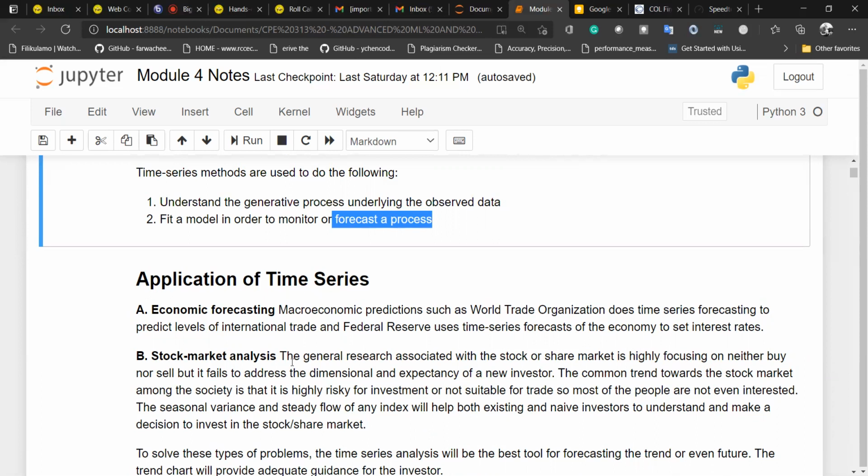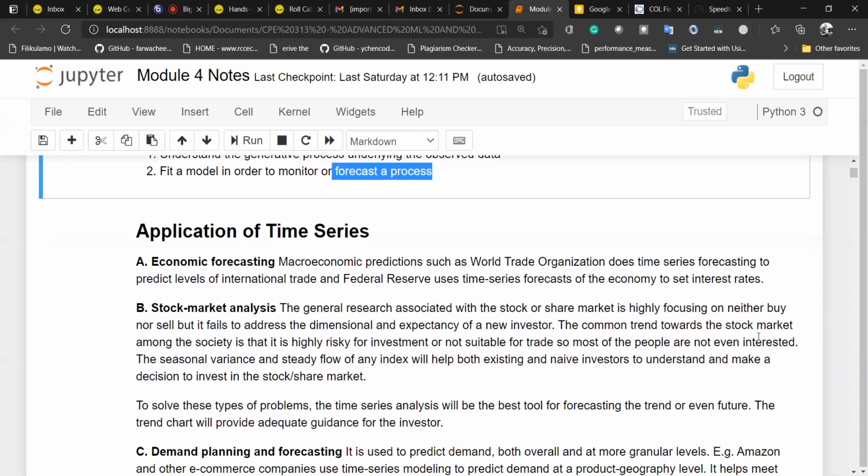In stock market analysis, time series are used and they are associated with the stock or share market, focused on buying and selling for the investors. The common view among societies is that the stock market is highly risky for investment or not suitable for trade.